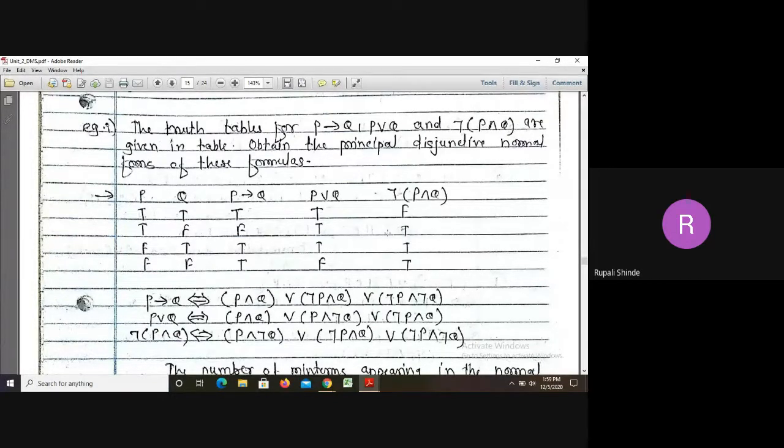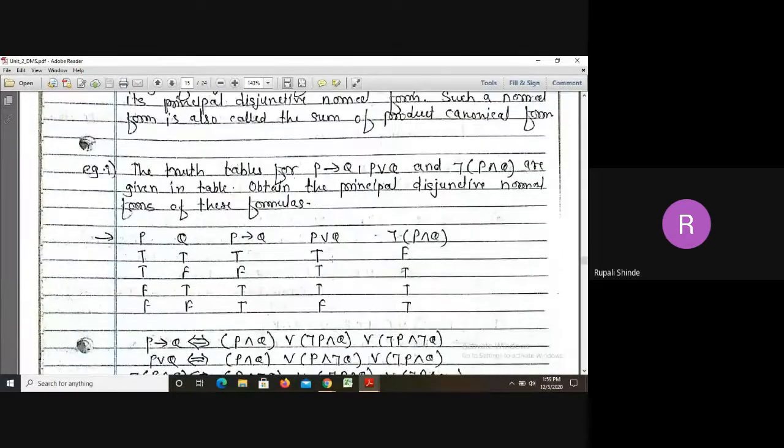We just have to observe where we have written T in that column, and for that particular T, we have to observe what the values of P and Q are. If the value is T, then we take the variable in original form. If it is F, then we take the negation of that variable. Have you understood this procedure? How to obtain PDNF from a truth table?